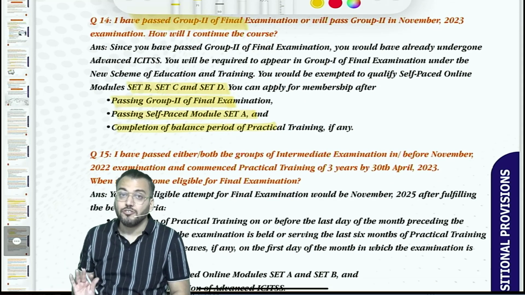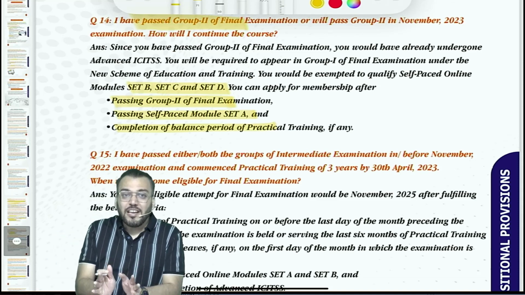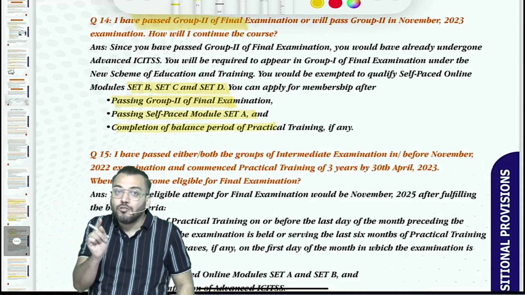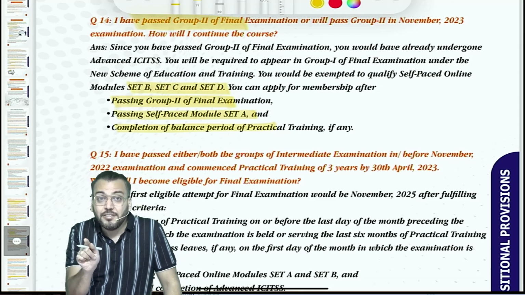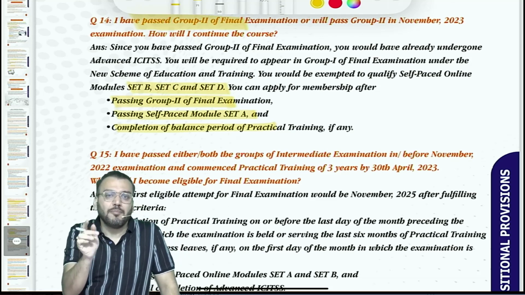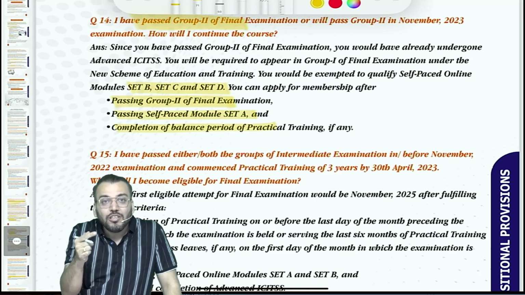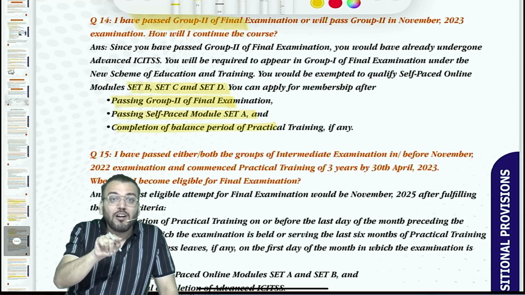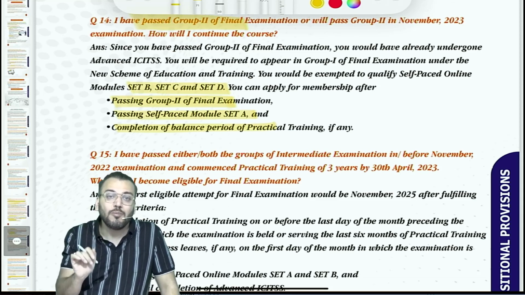So these are some queries that were coming to your mind. I think now it is resolved. About exemption you got clarity; further details will come from ICAI. About the self-paced modules you have understood. If you pass group 1, what about group 2? If you pass group 2, what about group 1 under the new scheme? That also you have understood.